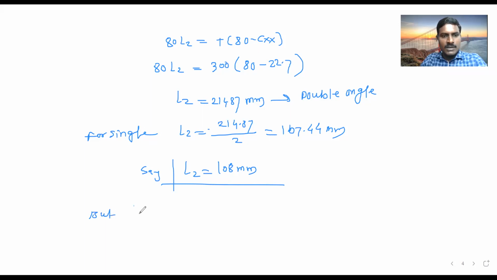But LW is equal to 2 into L1 plus L2, correct? So now 2 into LW is how much? 452.63. So 452.63 is equal to 2 into L1 plus the value of L2, which is 108.